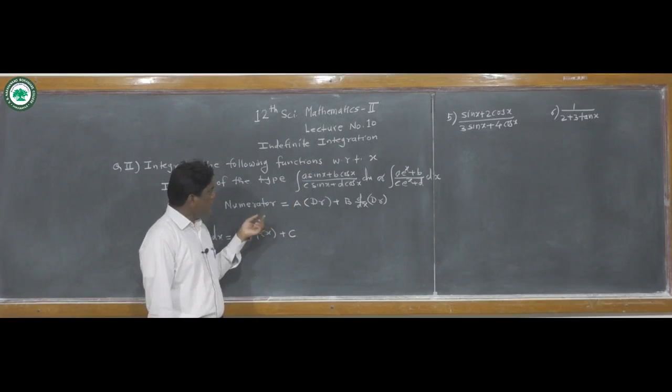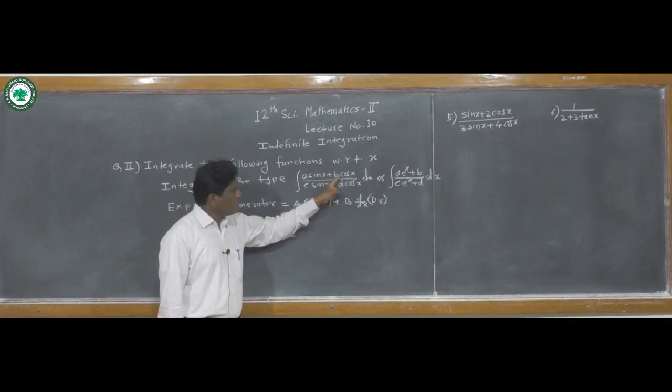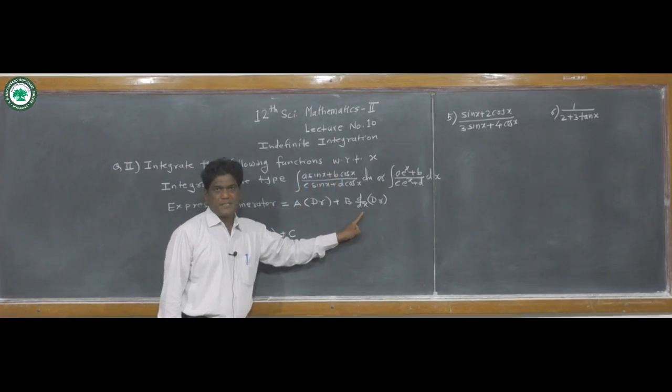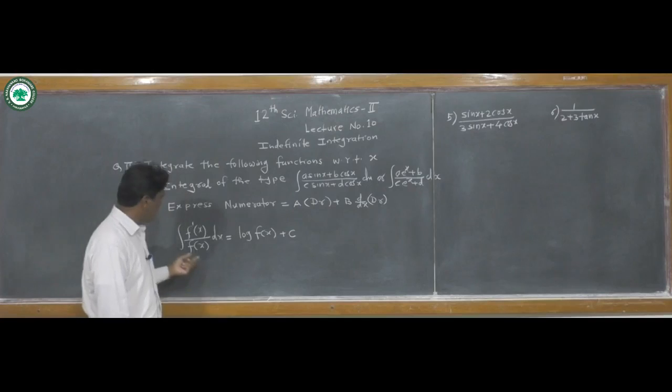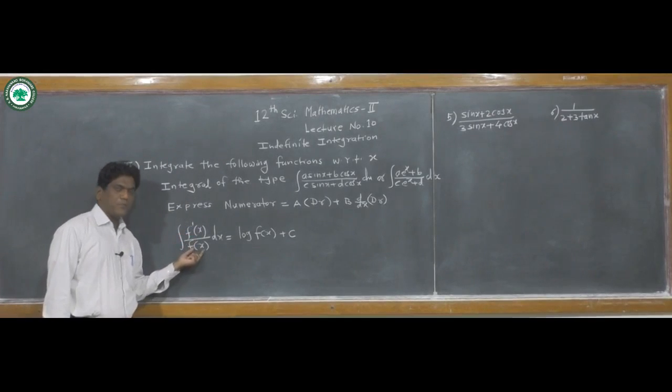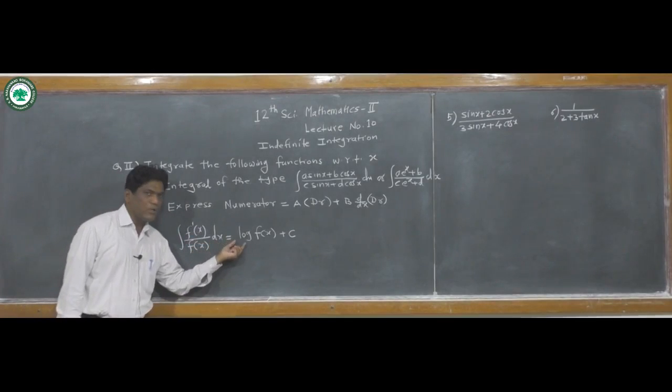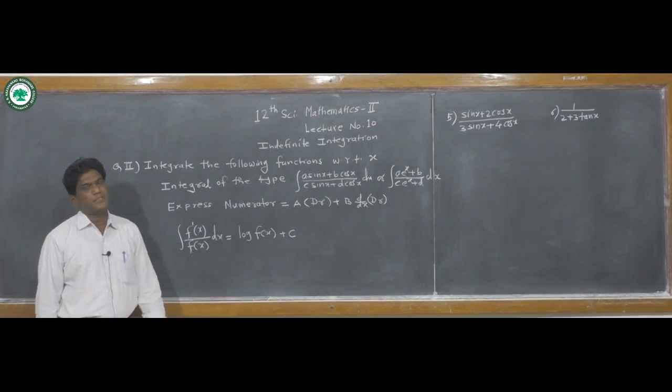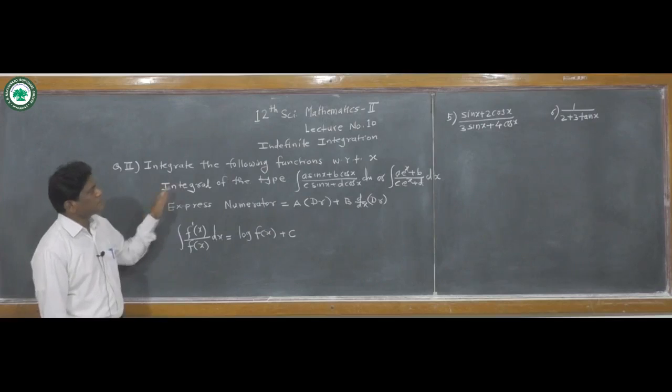Then replace the numerator by this right hand side and use the corollary: integration of f dash of x upon f of x dx is equal to log of f of x plus constant of integration. Means we have to use this type.